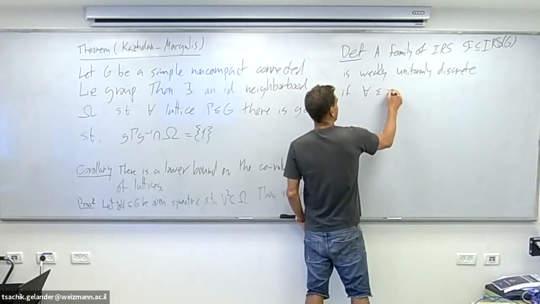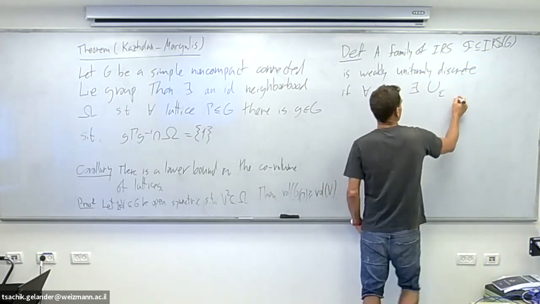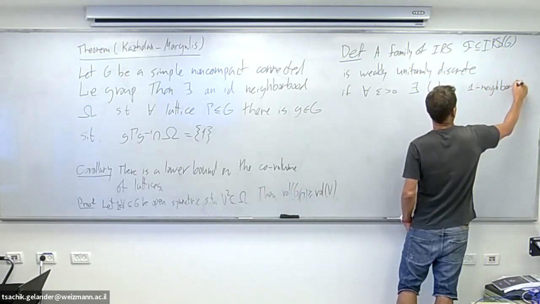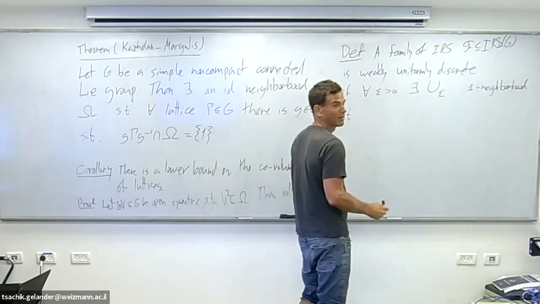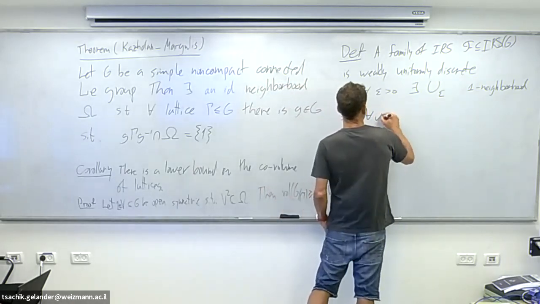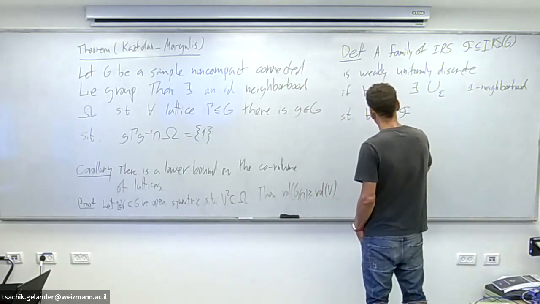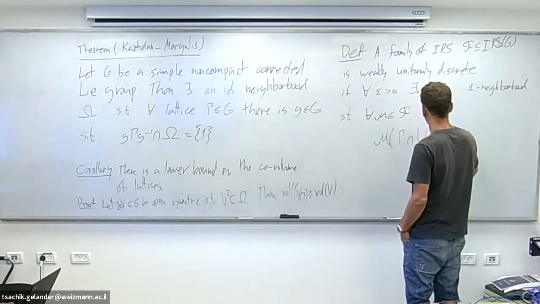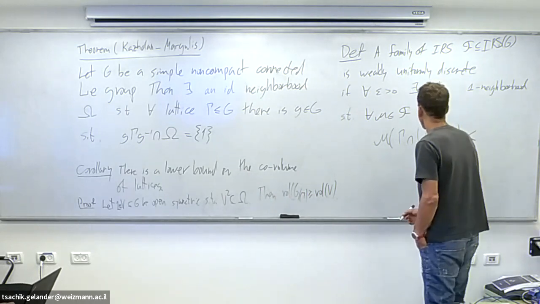if for every epsilon there is U epsilon, an identity neighborhood, such that for every mu in F, mu of the event that gamma intersects U epsilon non-trivially is less than epsilon.